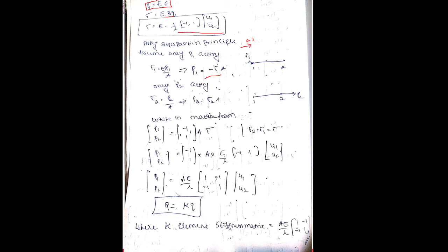Next, assume that only P2 is acting, not P1. Therefore, what is the corresponding stress? That is P2 by A. So here we are going to consider the sign convention.